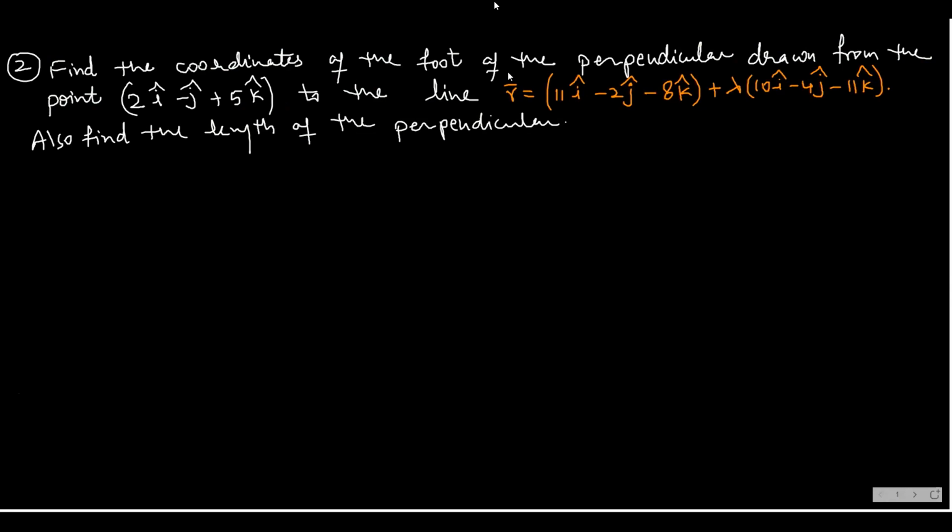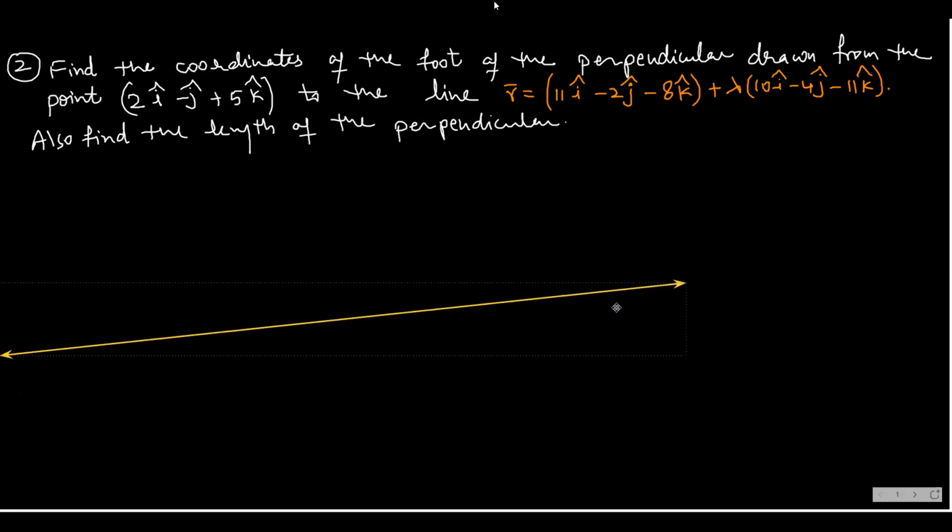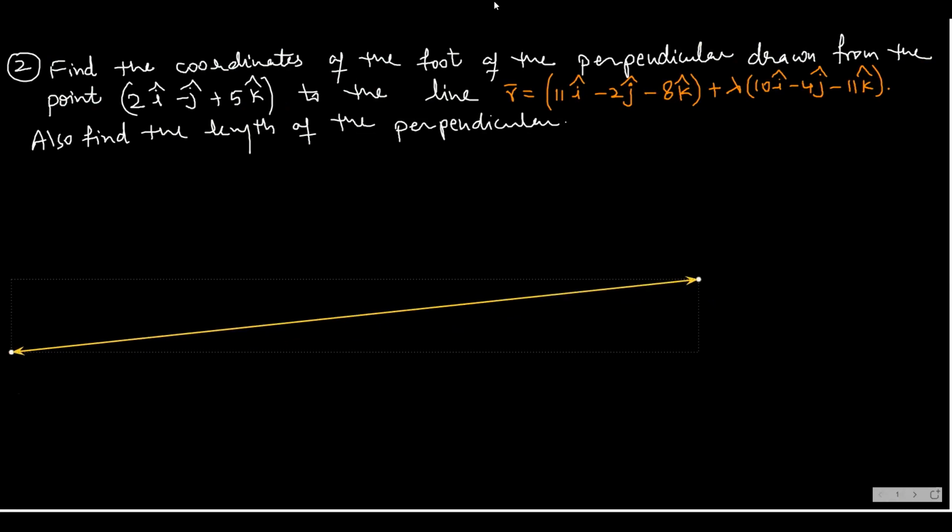So we will draw a figure here. I have a line here. The equation of the line, I write here, is r bar equals 11 i cap minus 2 j cap minus 8 k cap plus lambda times 10 i cap minus 4 j cap minus 11 k cap.